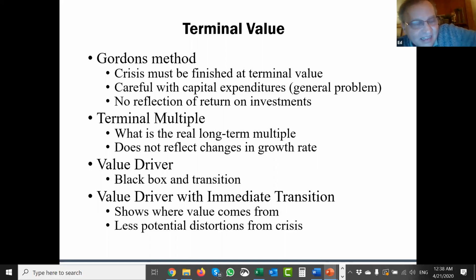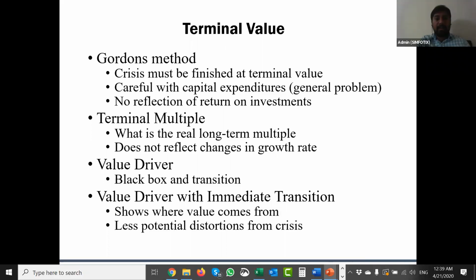Or an airplane company with planes of 20, 30 years. You've got to be very careful to not overstate the decline in cash flow for a couple of years. And that's why, if you use a really high WACC, which is a dangerous thing, you're going to overvalue the short-term cash flows and not put enough value on the terminal cash flows.